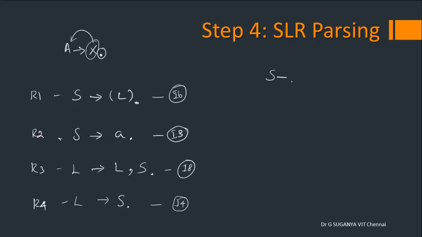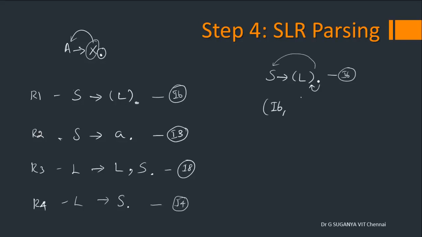We take the first item. Just check the symbol that is preceding this dot. If it is a terminal, this is actually in I6, in I6 comma, the symbol which is preceding this dot is a terminal.